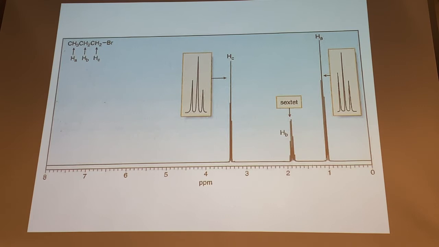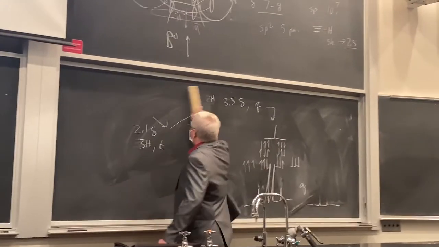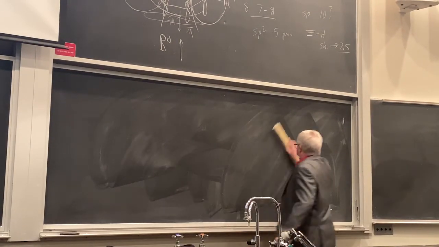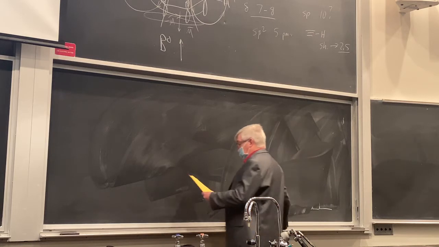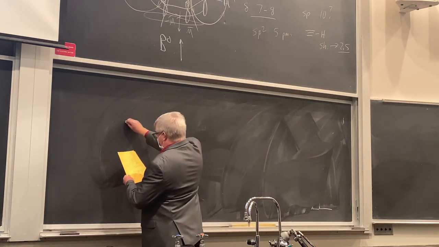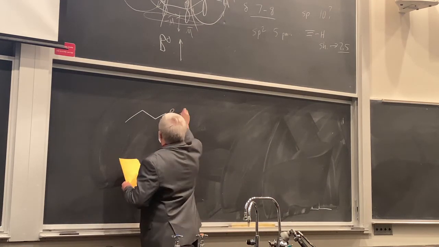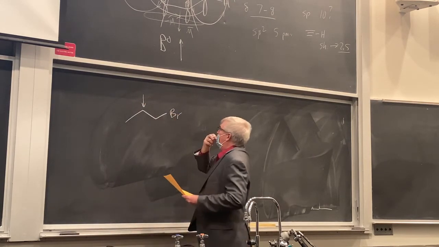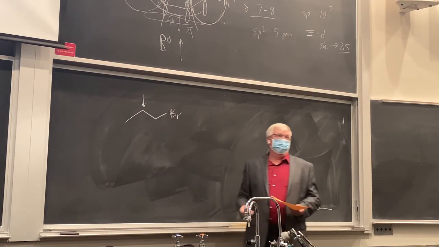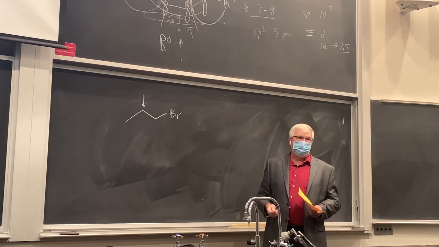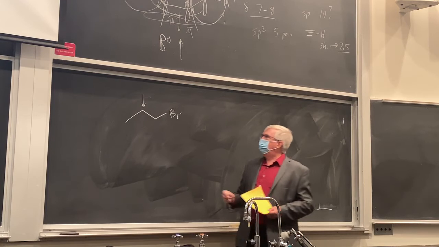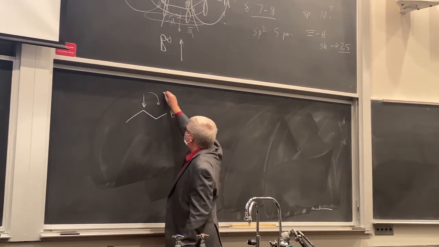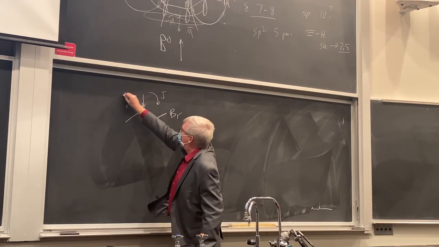We'll need to go to the board and analyze this a little bit. Let's look at this. So we've got this propyl bromide. And let's just look at the middle carbon there. It's showing up as a hextet right now, a 6-line pattern with the 5 neighbors. And that's okay for most analysis. But let's back up a little bit because this J value might be different from this one here.